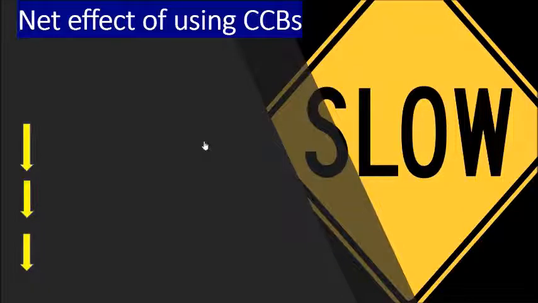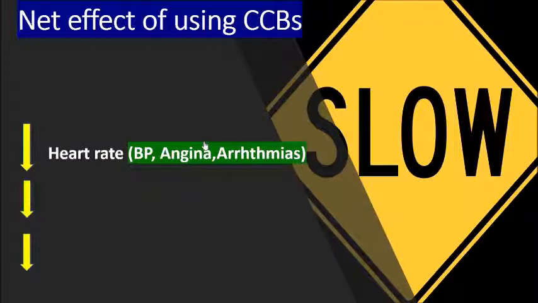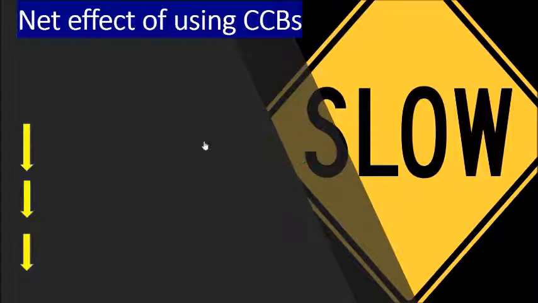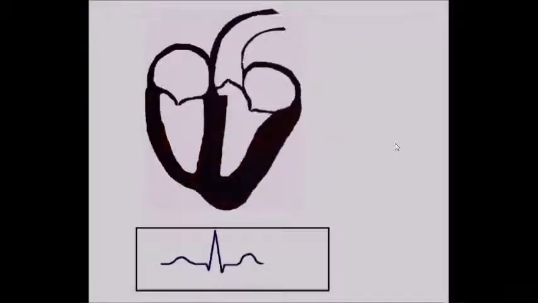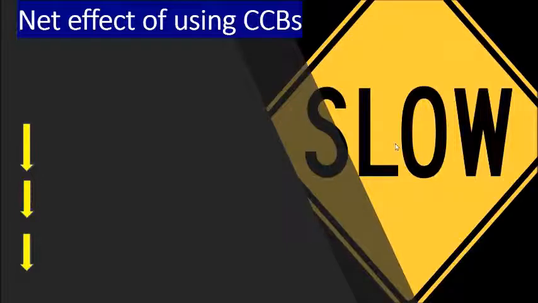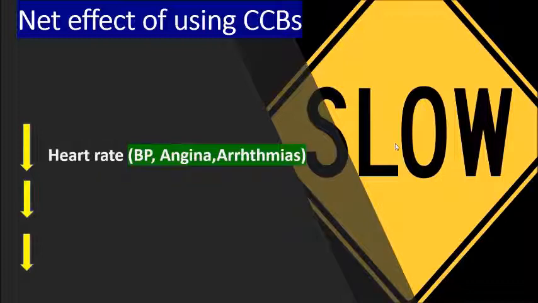It increases the force of contraction, and increases the amount of time it takes for the heart to repolarize again and get ready for the next action potential. So the net effect of interfering with the role of calcium is reducing the heart rate. Remember, if you reduce the plateau phase, if you interfere with the calcium rush into the cell, you reduce the contractility of the heart, and that actually reduces the heart rate.